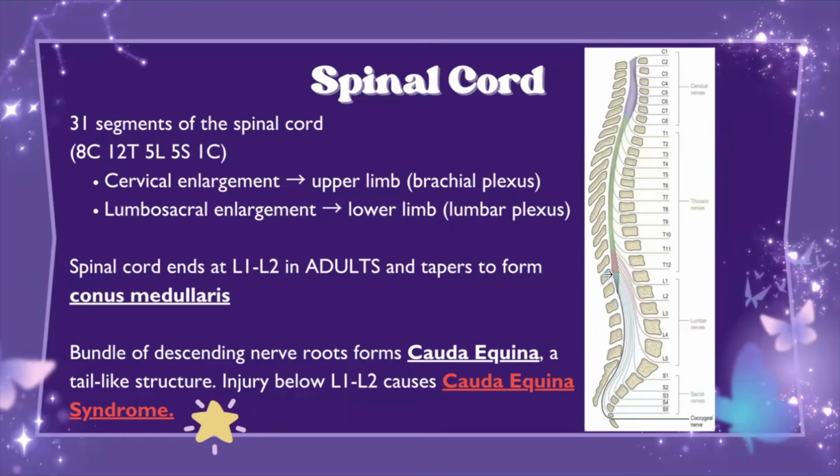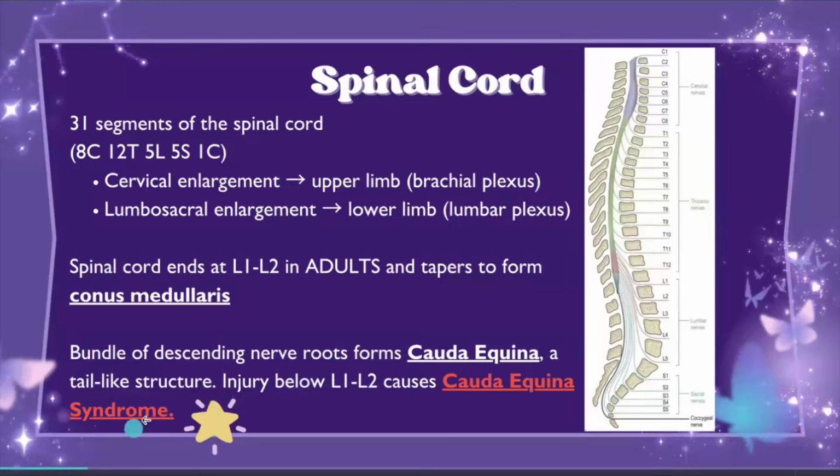So if there's any injury below the level of L1 to L2, you would have something called cauda equina syndrome. And cauda equina syndrome causes saddle anesthesia. From the name, you basically have anesthesia or loss of sensation in the areas where you would sit on a saddle, right? That's literally just it.